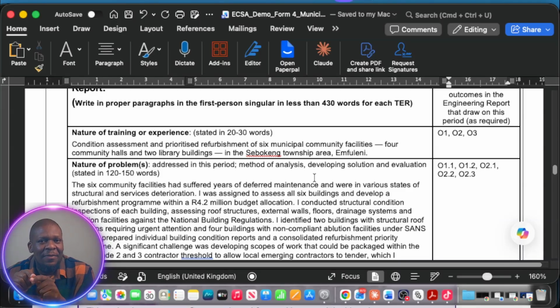I identified two buildings with structural roof concern requiring urgent attention, and four buildings with non-compliant ablution facility under SANS 10400. I prepared an individual building conditional report.